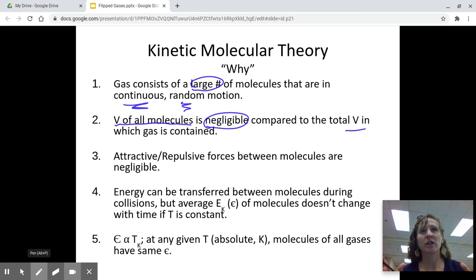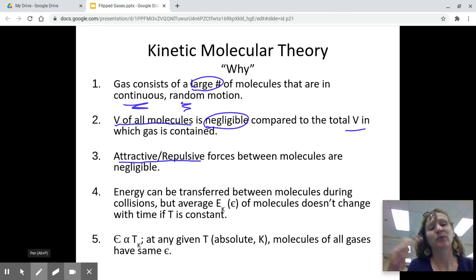There's so much space between gas molecules that they don't even interact with each other. So that's why they form a homogeneous mixture, whether you mix polar with polar, polar with nonpolar, or nonpolar with nonpolar. The interactions don't matter. There's so much space compared to the volume. That's just one example of why this matters.